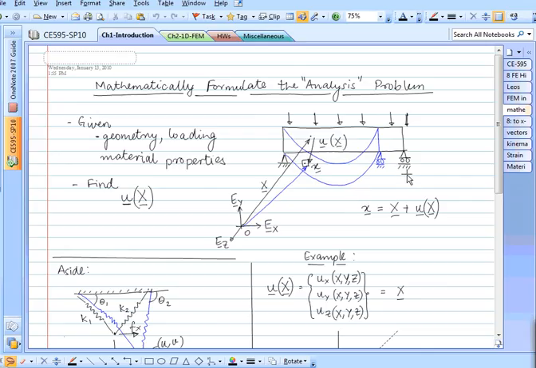So let's say you go to some point in the support. What do you think? Does that equation hold there also? It's an equilibrium equation. So if the structure is resting on something that is not a rigid support, the equilibrium equation must hold at that point also, right?